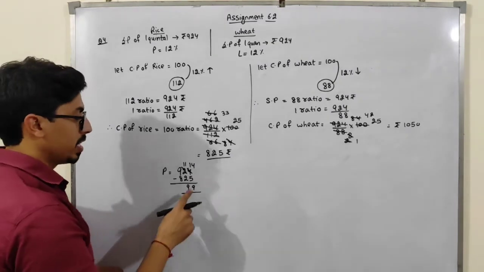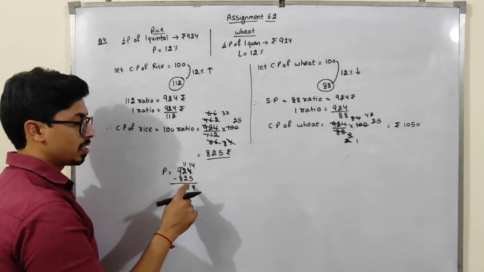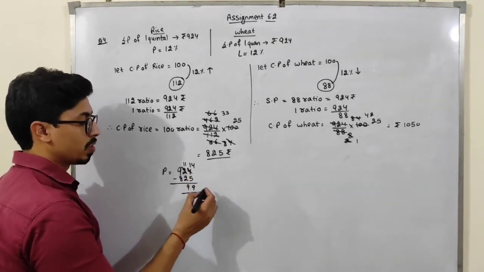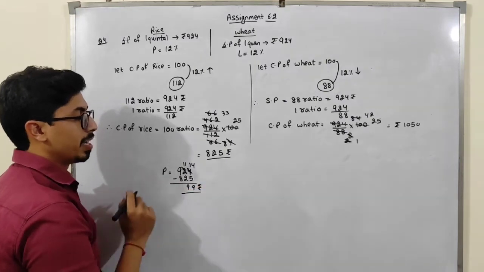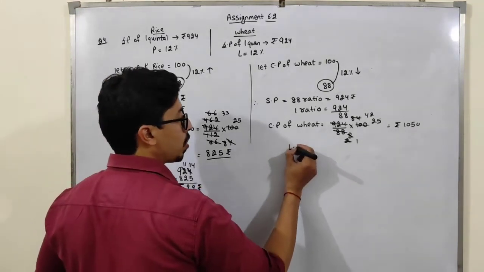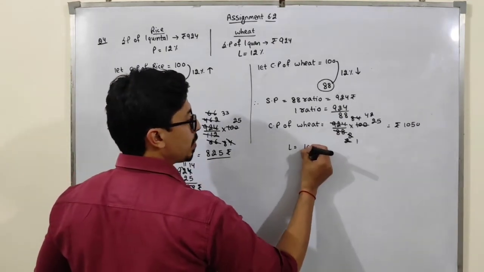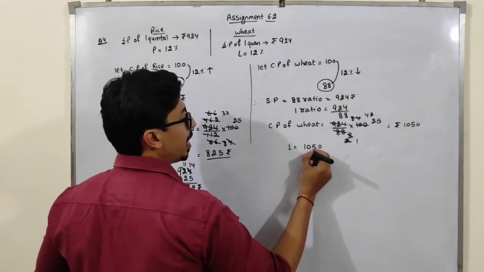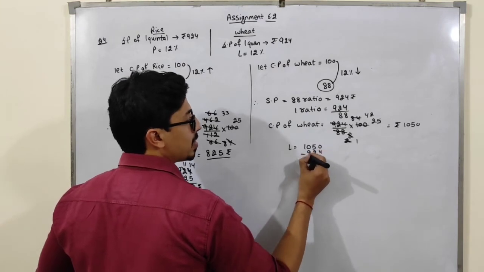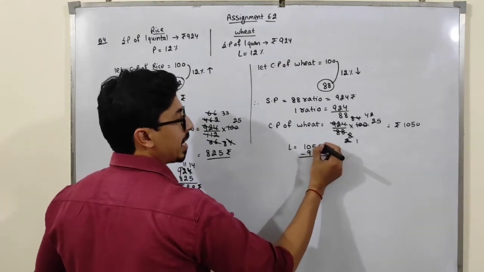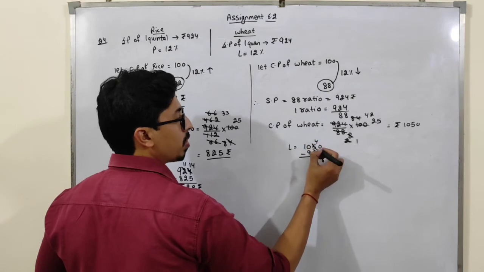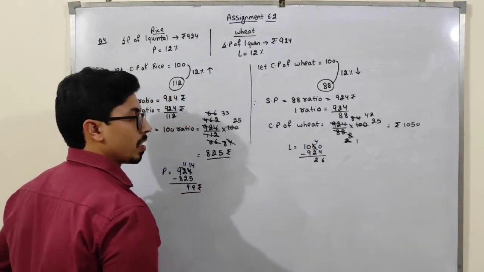Okay, because 9 5 is 14, so 99 rupees is the profit here, and here the loss will be CP minus SP, because CP is 1050 and SP is 924. So if I just subtract, it will be 10, so 6, 4, it will be 2.